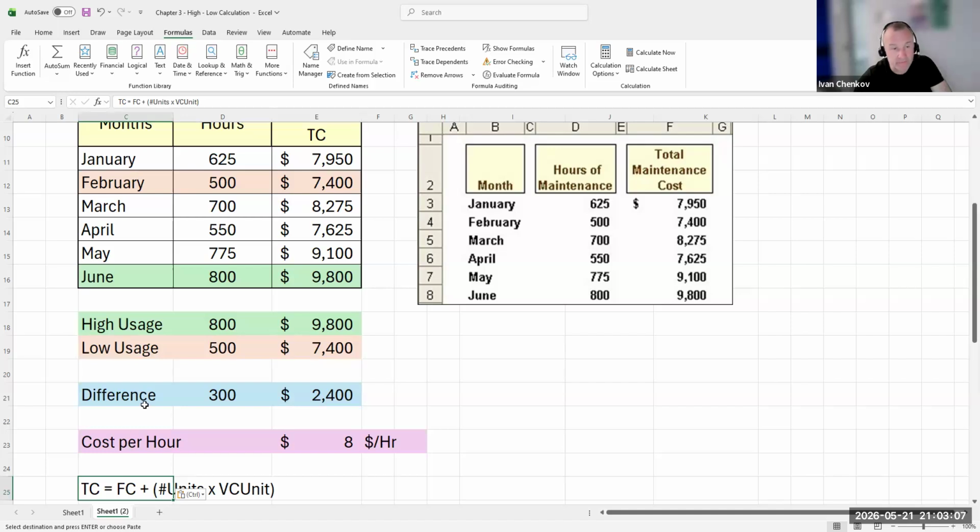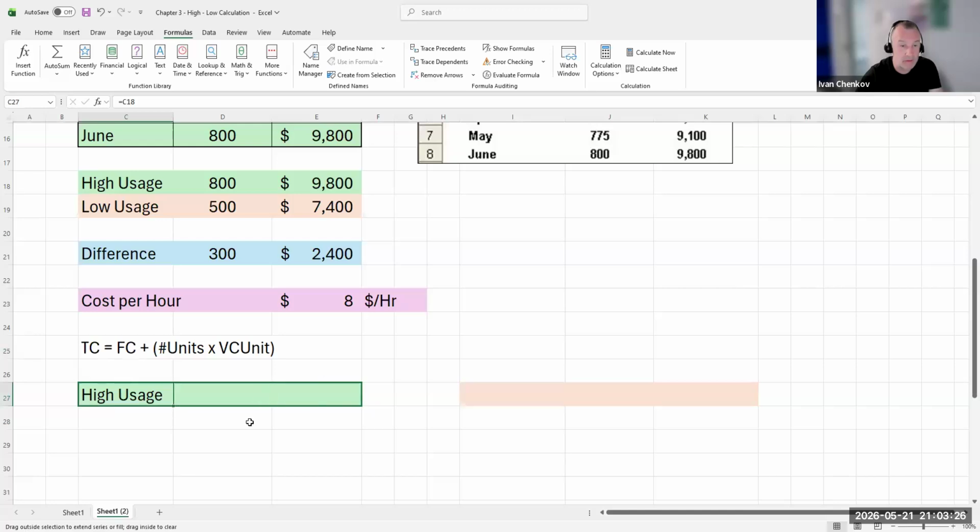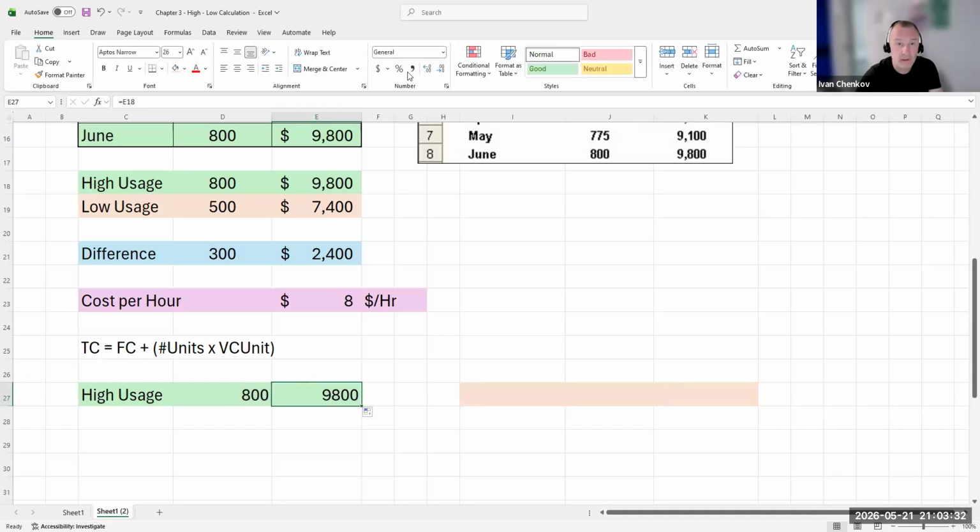In order to calculate the fixed cost, we can use either the high usage point or the low usage point. Let's go first with the high usage point. What do we know about the high usage point? On the high usage, my hours used is 800 and my cost is $9,800.